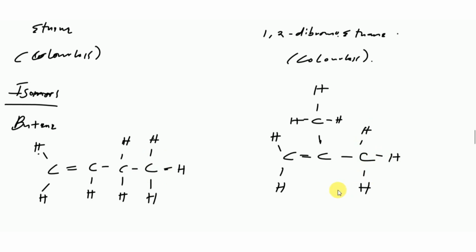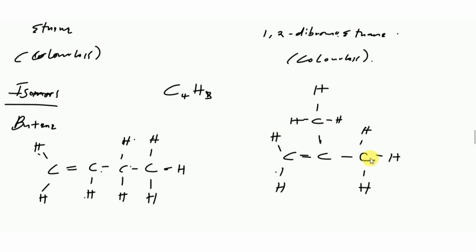So as you can see, these two compounds have the same formula, and the formula is C. How many carbon atoms do they have? 1, 2, 3, 4, and they have 8 carbon atoms. So let us just count 1, 2, 3, 4, 5, 6, 7, 8, and here 1, 2, 3, 4, 5, 6, 7, 8.